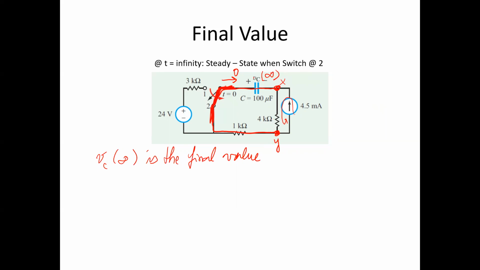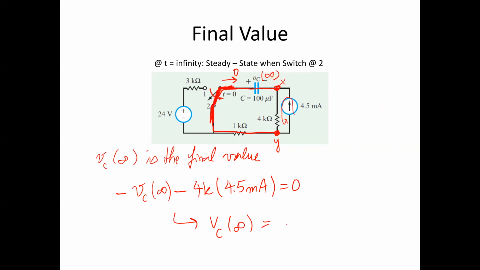And if we write KVL, starting here, we go around: minus Vc of infinity, then we have to drop over the 4K resistor, which is minus 4K times 4.5 milliamps. And this is going to be equal to 0. And from here, we can find Vc of infinity.